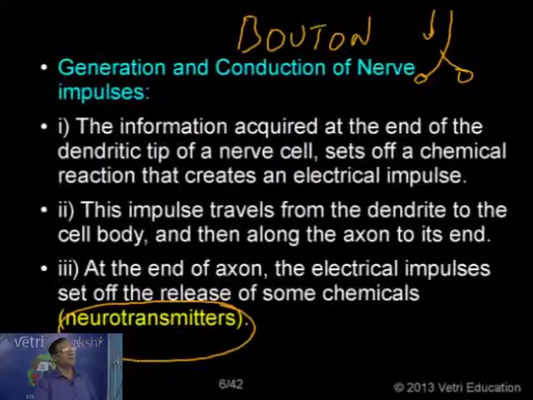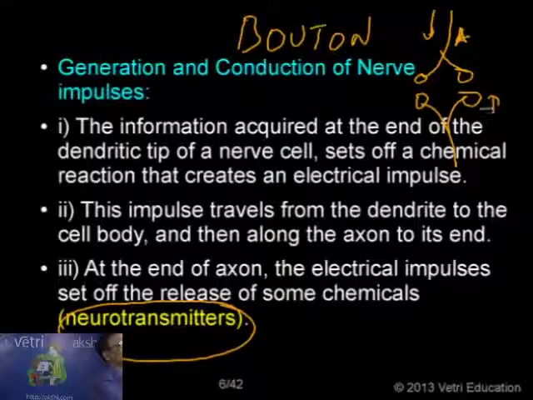Normally, this is the point of connection between the axon and the dendrite of another neuron. Suppose this is the axon, and let us assume this is the dendron. There is no direct contact between the axon of one neuron and the dendrite of the adjacent neuron. There is a gap between them.